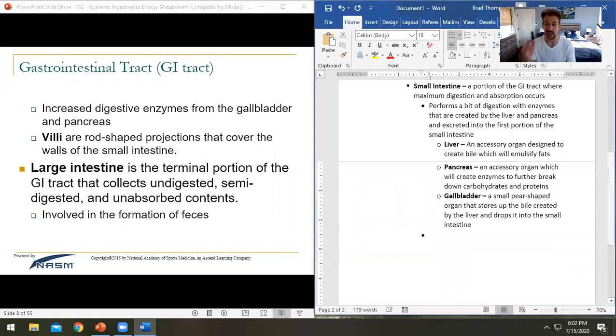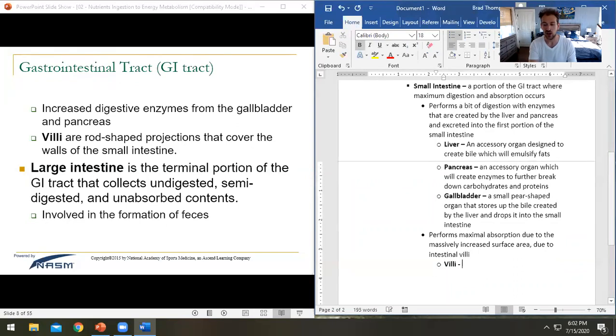And then finally, we are ready for absorption, right? The small intestine also performs maximal absorption due to the massively increased surface area due to intestinal villi. So what are your villi?